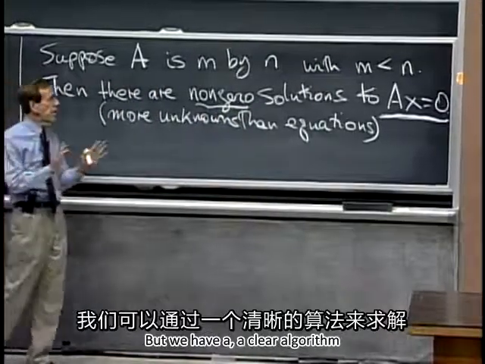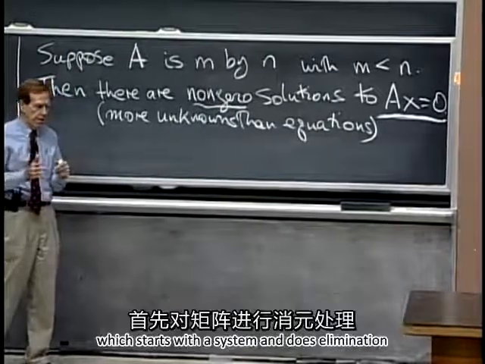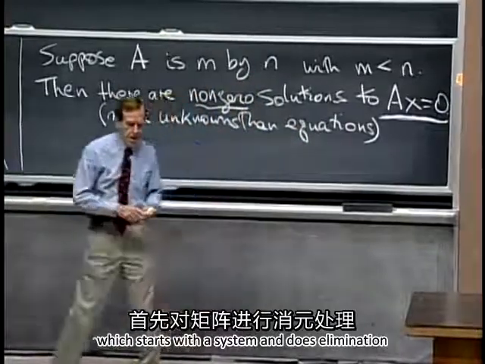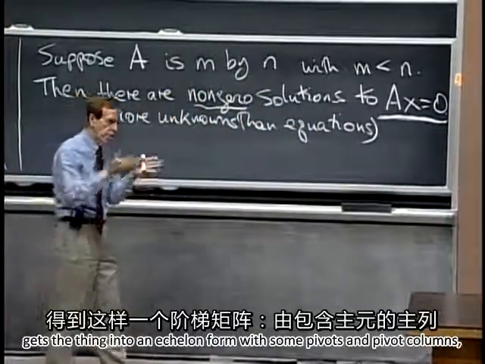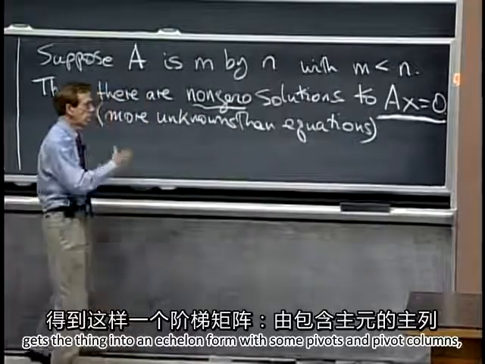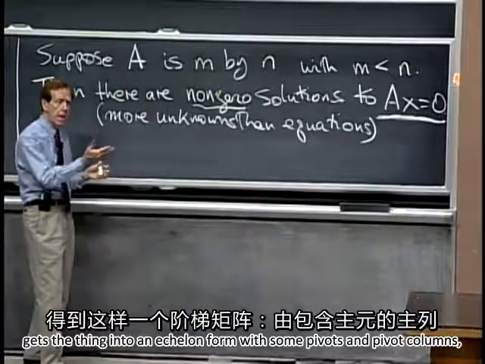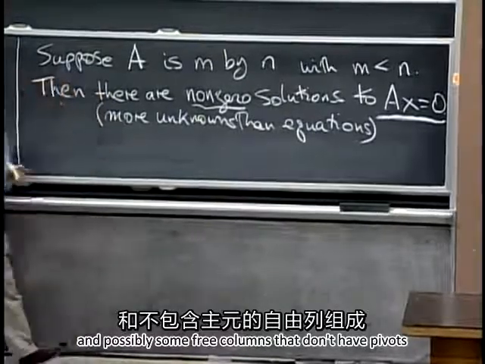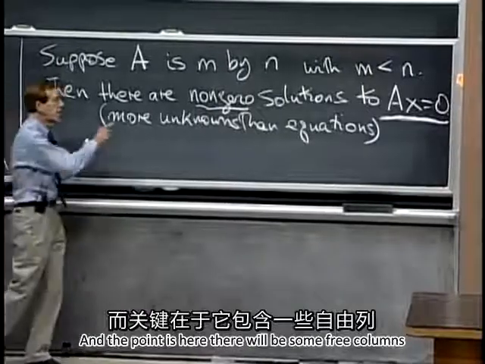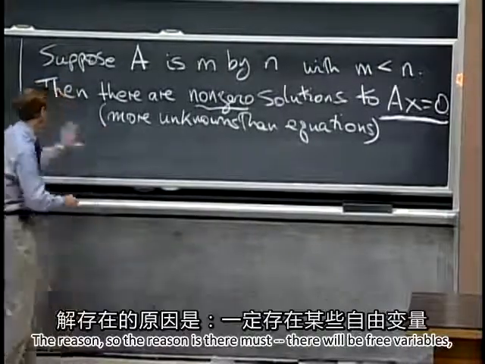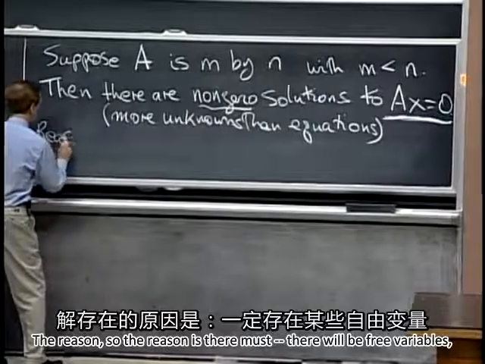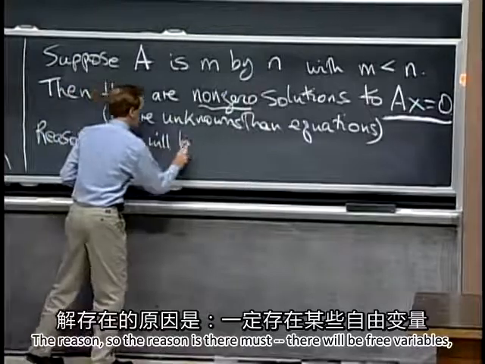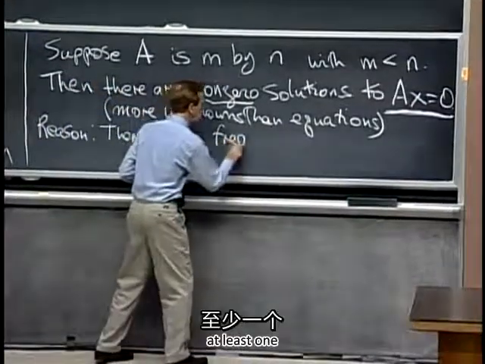But we have a clear algorithm which starts with a system and does elimination, gets the thing into an echelon form with some pivots and pivot columns, and possibly some free columns that don't have pivots. And the point is here there will be some free columns, free variables, at least one.